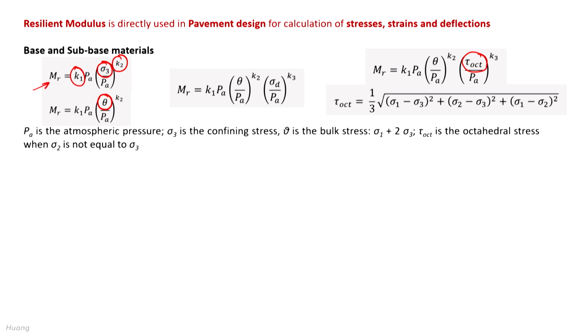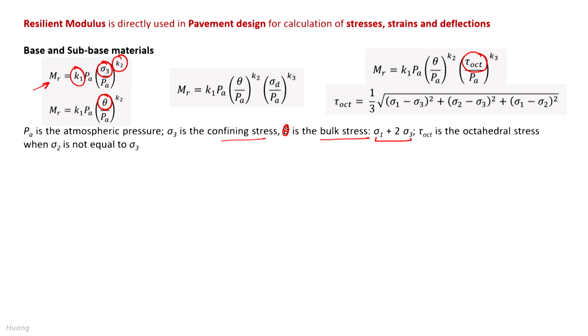In these equations, Pa is the atmospheric pressure, and sigma 3 is the confining stress, which we already know. I think this should be theta. So, theta is the bulk stress. What do we mean by bulk stress? It is the summation of all the stresses. For example, in a triaxial test, since sigma 2 is equal to sigma 3, because we apply sigma 3 from all the sides, the bulk stress becomes sigma 1 plus 2 sigma 3.